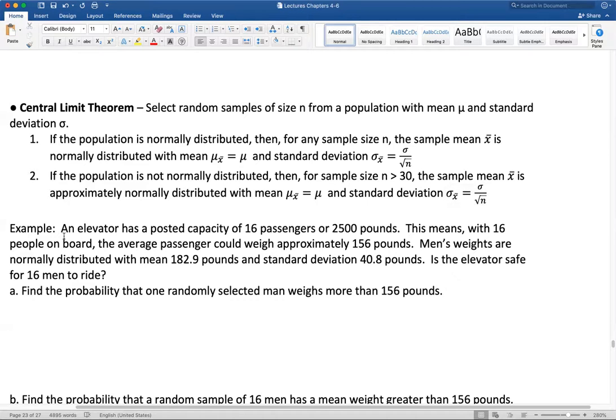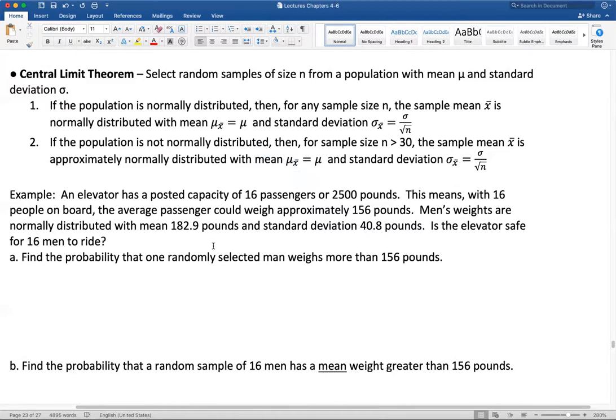So let's see an example. An elevator has a posted capacity of 16 passengers, or 2,500 pounds. This means with 16 people on board, the average passenger could weigh approximately 156 pounds. Now, men's weights are normally distributed with mean 182.9 pounds, you see that here, and standard deviation 40.8.